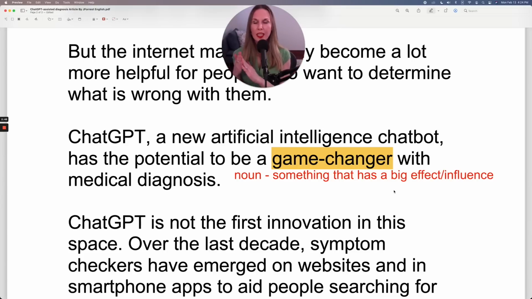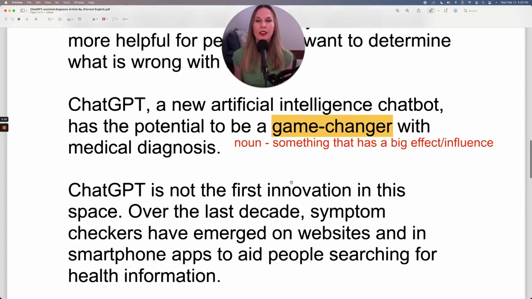So obviously, if we no longer go to doctors for diagnosis and we can use artificial intelligence, that will be a game changer. That will have a big effect or influence. So I definitely recommend you add this to your flashcards in Linguistic. Let's continue on.